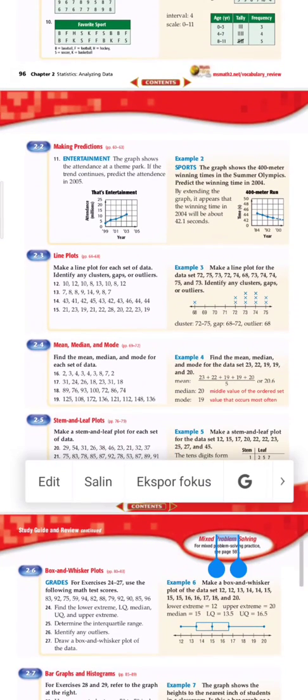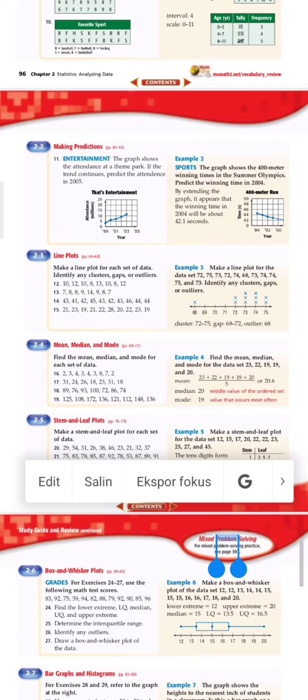Making predictions. 11. Entertainment. The graph shows the attendance at the theme park. If the trend continues, predict the attendance in 2005. Example 2. Sport.